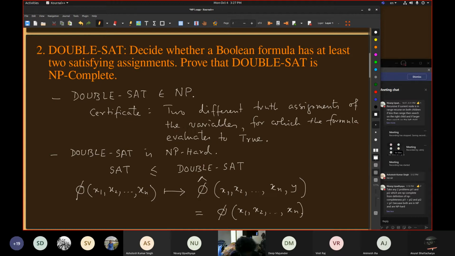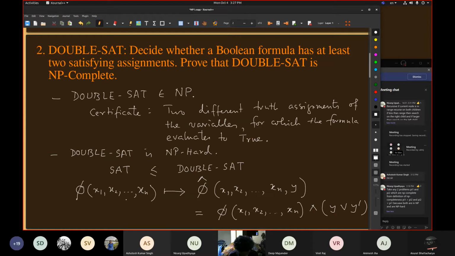Take the old formula, and it was AND, as you suggested, right? Yes, sir. And y or y complement. Straightforward reduction.